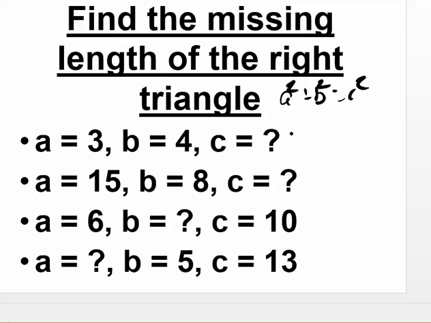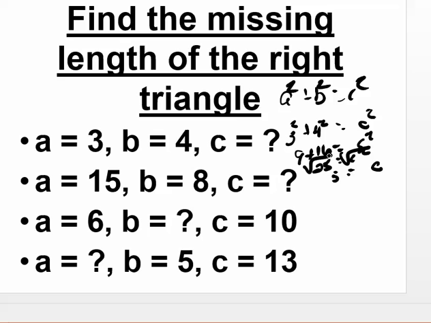In this case, 3 squared plus 4 squared is equal to c squared. 3 squared would be 9 plus 16. 25 is equal to c squared. Square root of that, c equals 5.